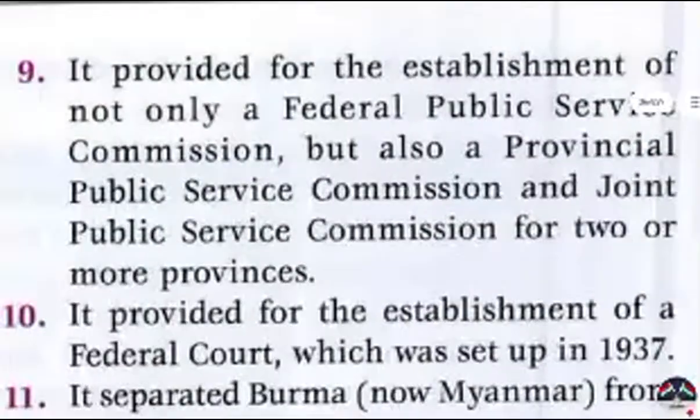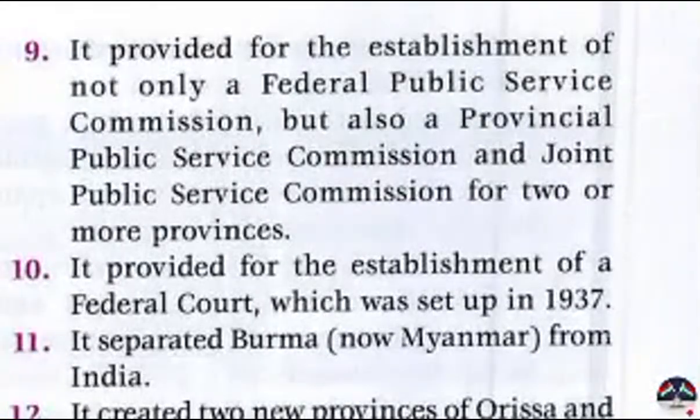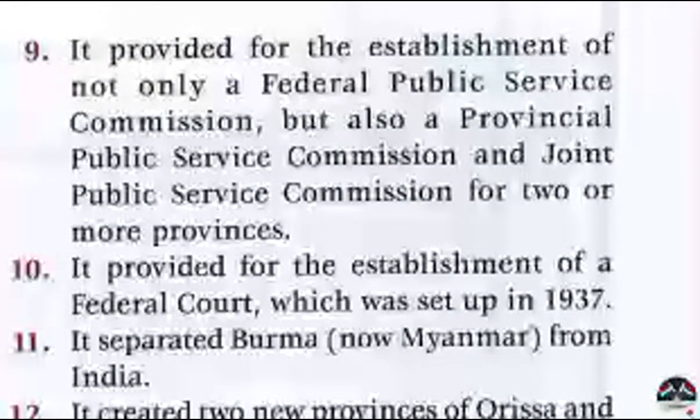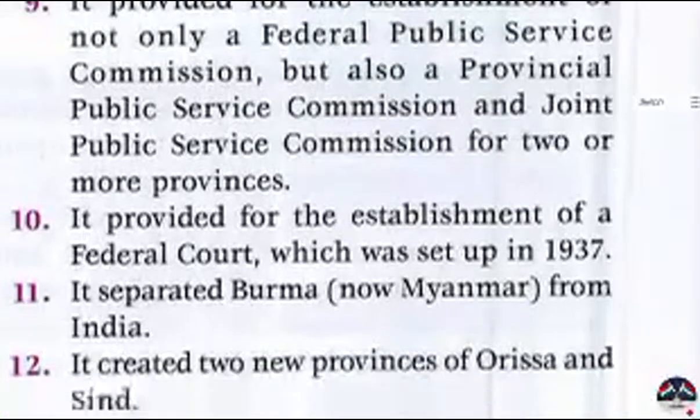And next, it provided for the establishment of not only a federal public service commission but also a provincial public service commission and a joint public service commission for 2 or more provinces.